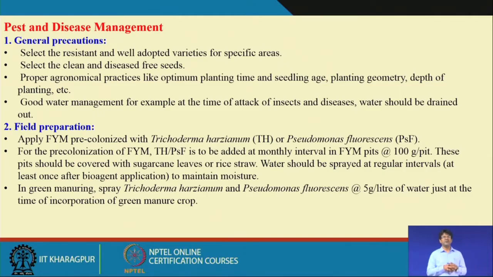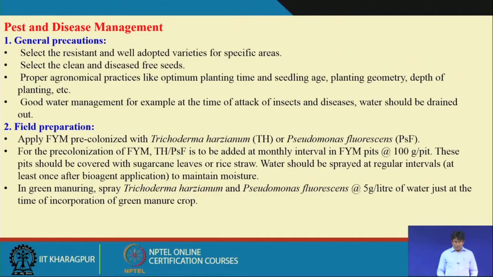So, the planting time is very important in the farming practice, and should be followed very strictly to have a better yield and to have pest and disease free crops by having the optimum planting time. Then of course, good water management: the field should be well drained, the water should be drained out from the field to protect the crop from the spread of pests and diseases.